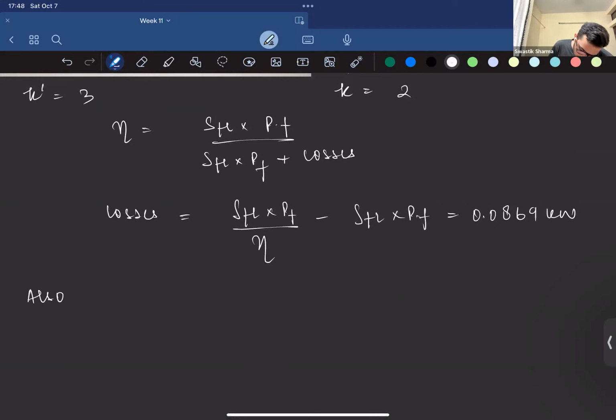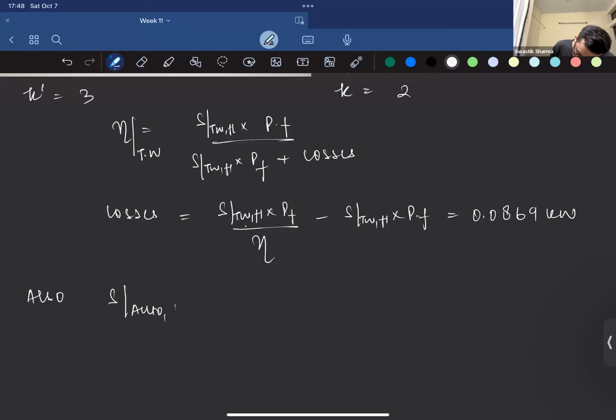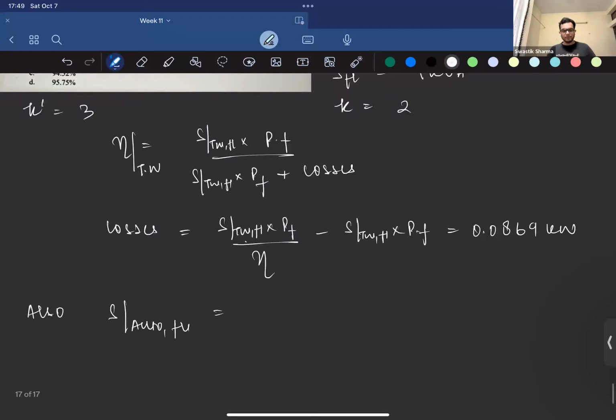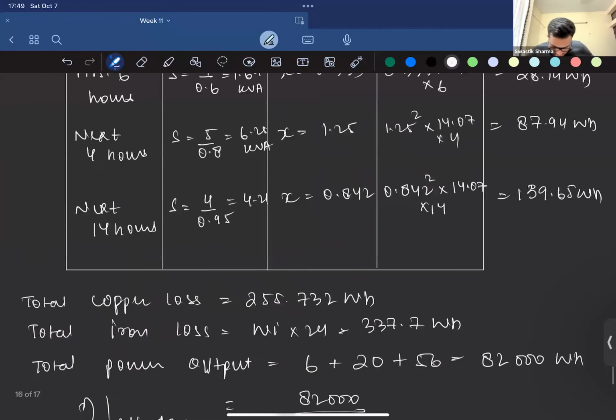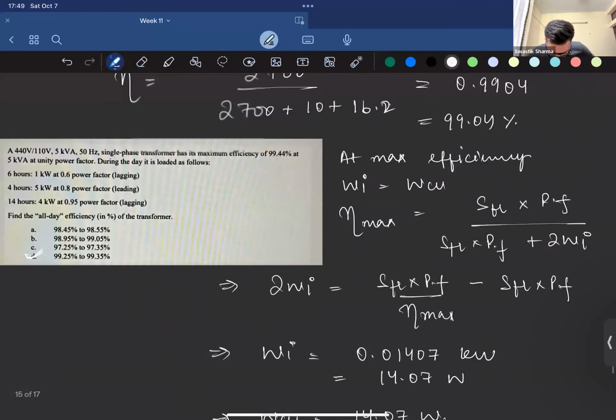Okay, so the new, and now we know also, I should write it like this. So S for auto transformer at full load, I've already told you the expression is this, right?